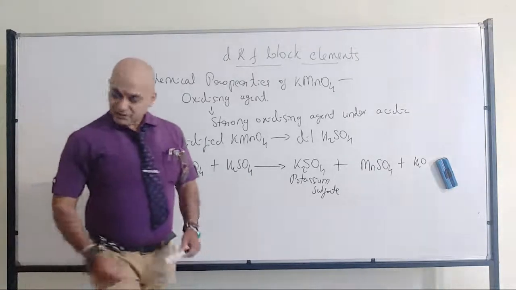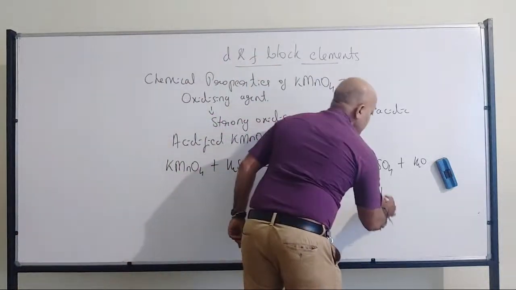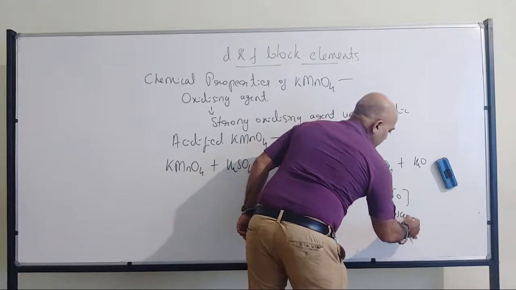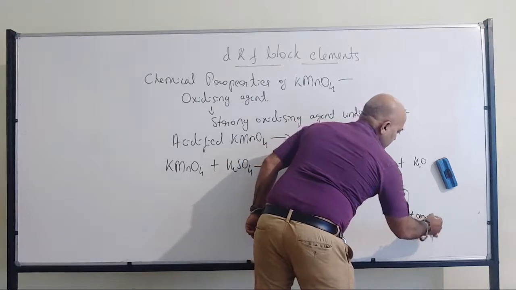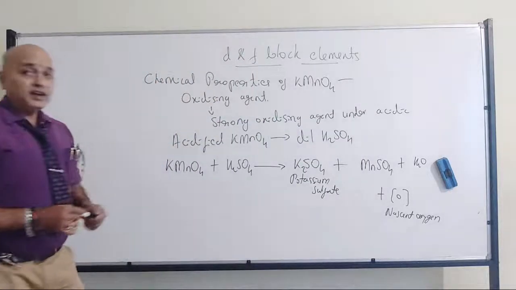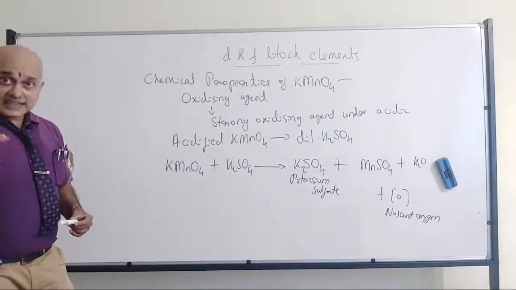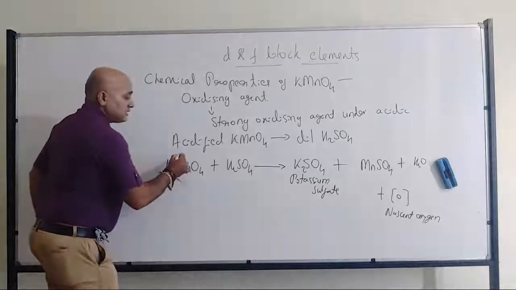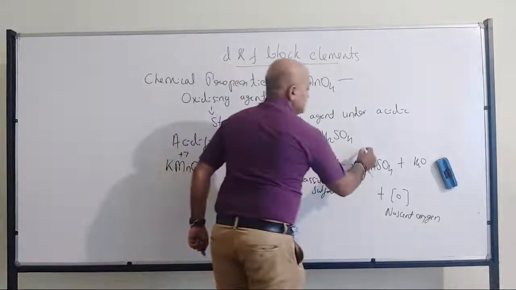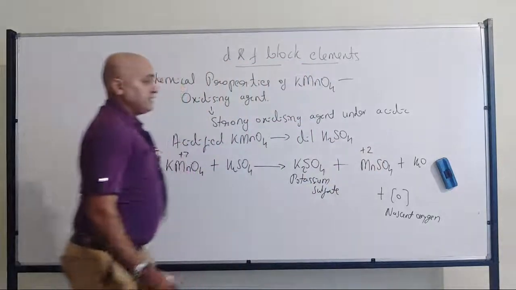That means there will be formation of nascent oxygen. So due to that, it will act as an oxidizing agent. That can be one answer. And if you observe carefully, manganese from +7 is becoming +2.